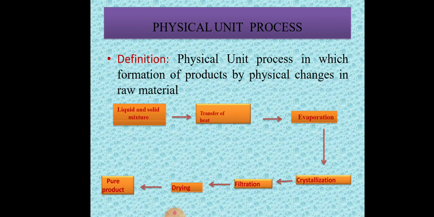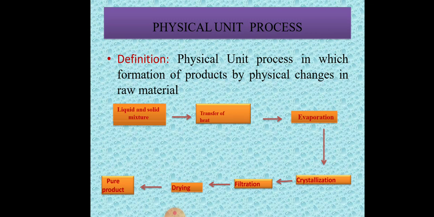After evaporation, we obtain the solid in a crude form. Now we purify the solid by using crystallization as a unit operation. After crystallization, we have the liquor as well as the pure product, and we separate the pure product or crystals by using the unit operation of filtration.